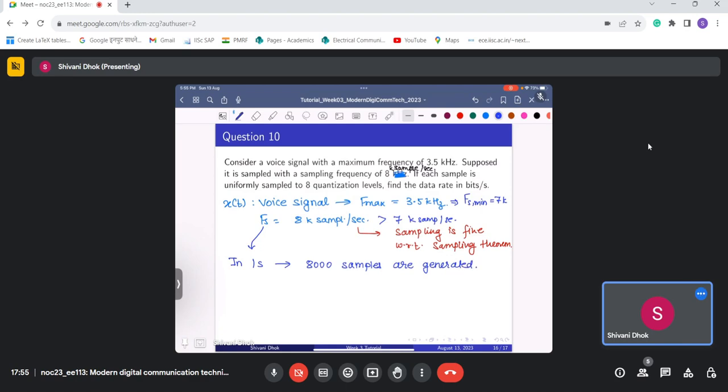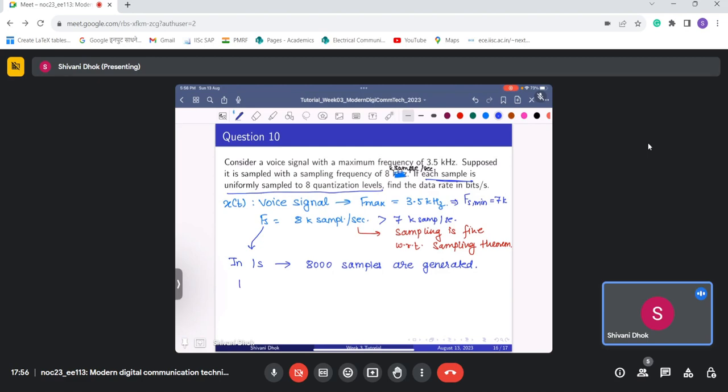This is what it tells us, that every second I am having 8,000 samples. Every second I am sampling 8,000 values from that particular analog signal. Next thing is, each sample is uniformly quantized to one of the 8 quantization levels.